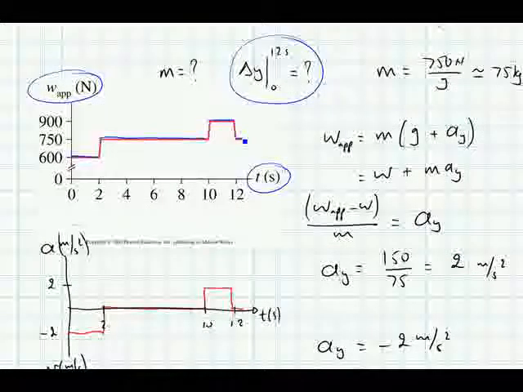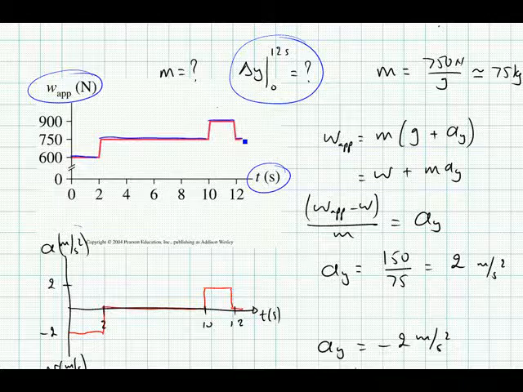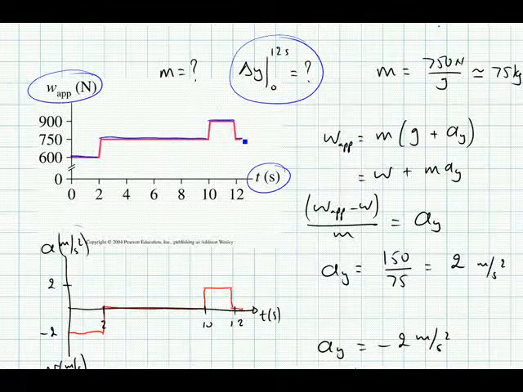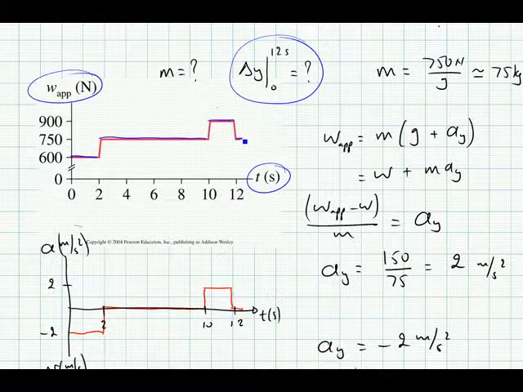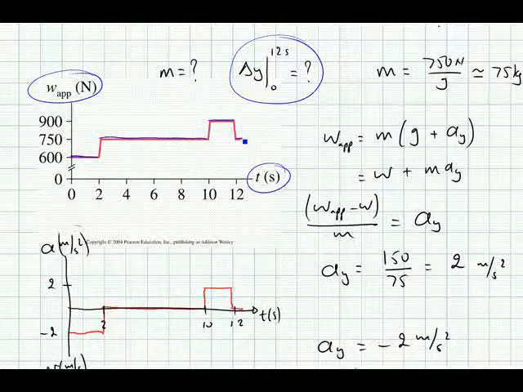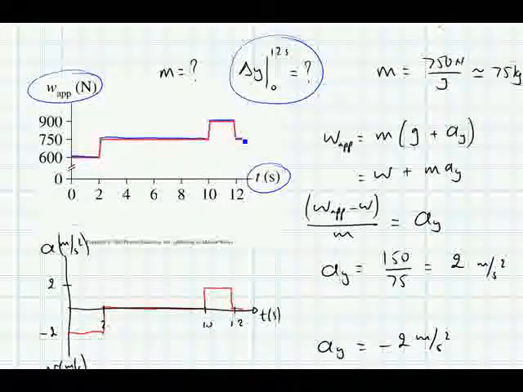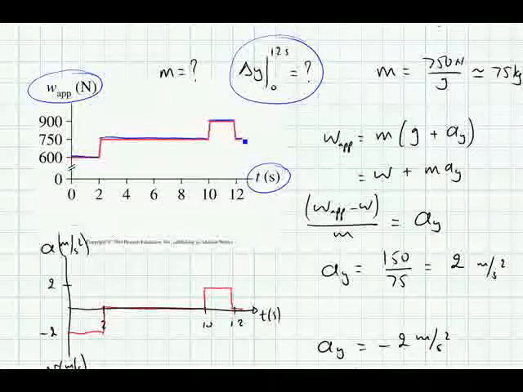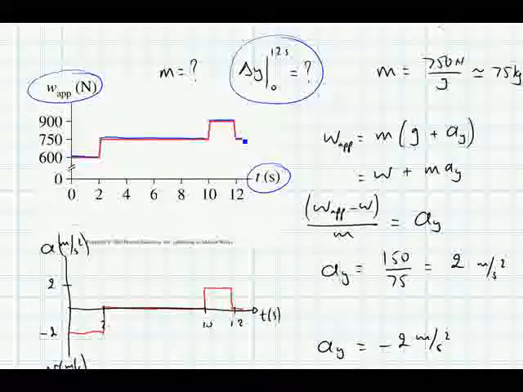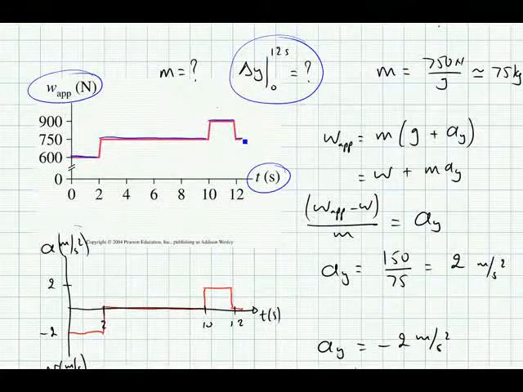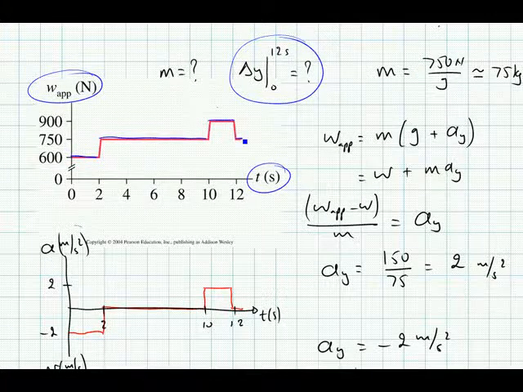This is a person riding in an elevator, so let us come up with a physical reason why we have such a curve. Obviously, when we get to an elevator, what's the first thing we do? We press the button for a floor, either up or down.